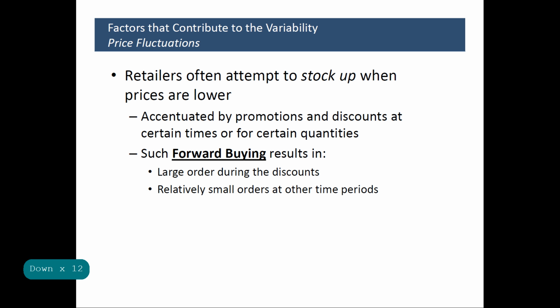Linked to this are the price fluctuations that are induced via promotions or discounts mentioned here. So this is the other side of the picture, that we have prices that go up or down, and depending on the price, also the stocks will go up and down.